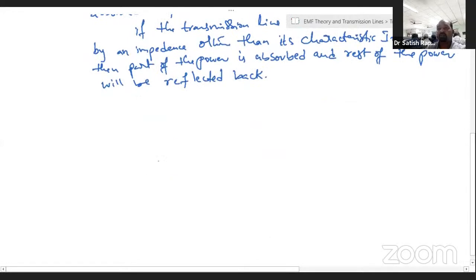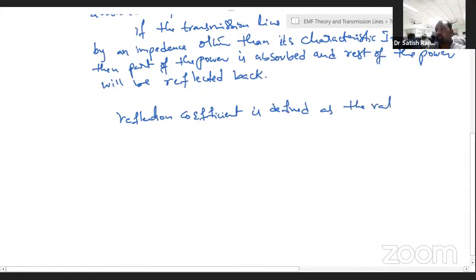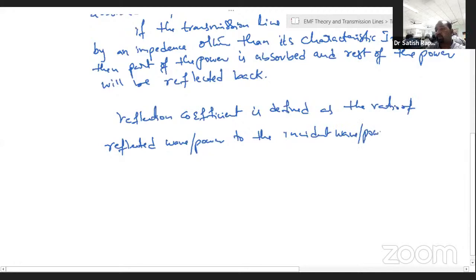So therefore, reflection coefficient is defined as the ratio of reflected wave or power to the incident wave or power, right?